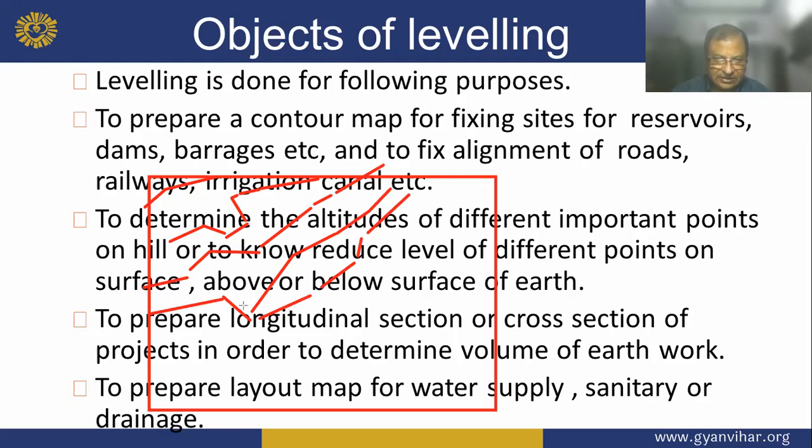So this type of map is a contour map. Okay, the contour map is showing, my dear boy, level. It is showing the geographical position of the ground.